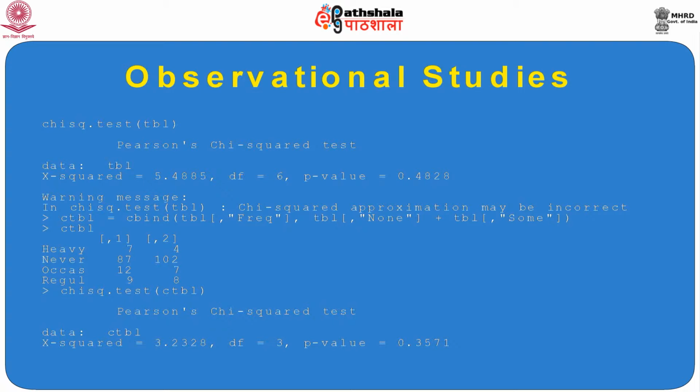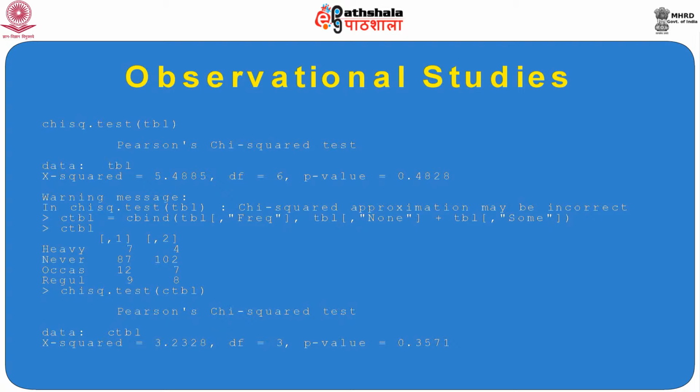The X-squared value obtained from this study is 5.48 with 6 degrees of freedom, and the p-value is 0.4829. The hypothesis considered is whether exercise, yes or no, has any influence on smokers, or whether smokers have any association with exercise. It is found that there is no association of smoking, heavy smoking or regular smoking with exercise.